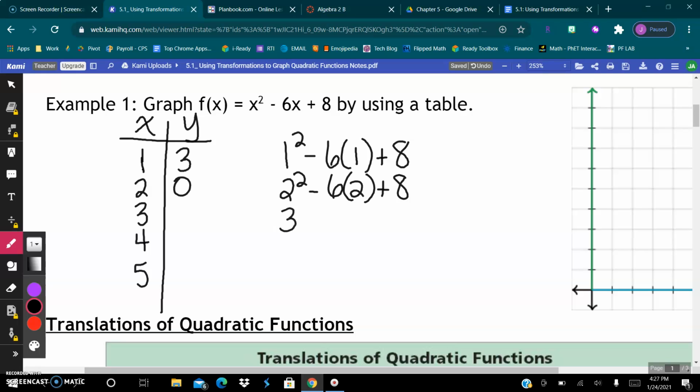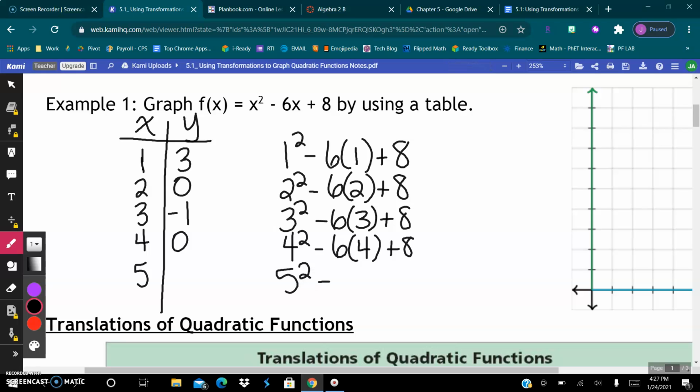And then 3 will be 3 squared minus 6 times 3 plus 8. For that, we'll get an answer of -1. And 4 squared minus 6 times 4 plus 8 will give us an answer of 0. 5 squared minus 6 times 5 plus 8 would give us an answer of 3.